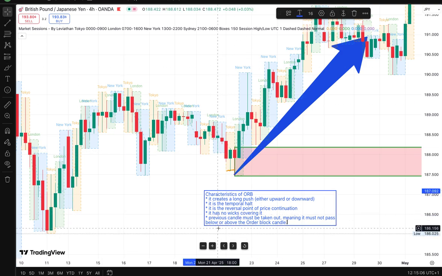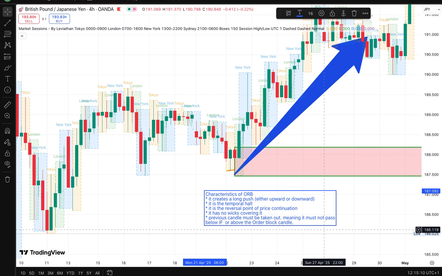Let me just say it does not pass below if it is bearish, and it does not pass above if it is at the bullish side of the other block candle. Yeah, that's fine.